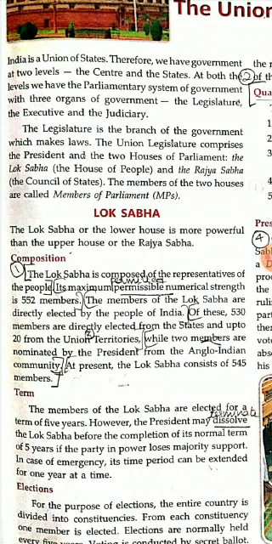Now the legislature organ is that branch which makes the laws. It is responsible for making the laws in our country. The executive branch makes sure to execute and enforce all these laws. It carries out all the laws and makes sure that they are put into practice. And the judiciary organ is the court system.